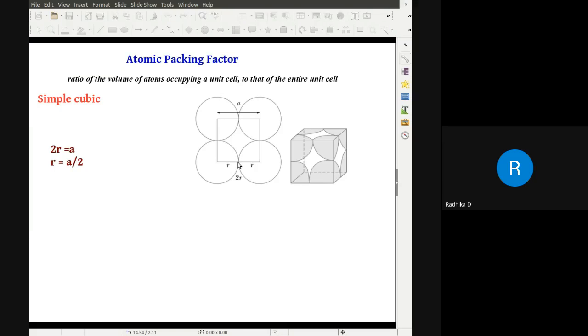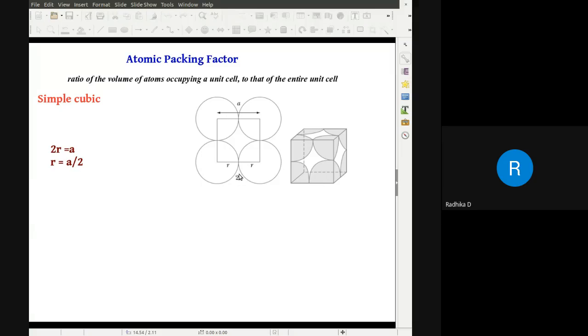But this is also equal to the total distance between the first atom and the second atom, the neighboring atoms. It is the total distance between the neighboring atoms. So what do I get? The radius of the first atom plus the radius of the second atom, that means 2r.